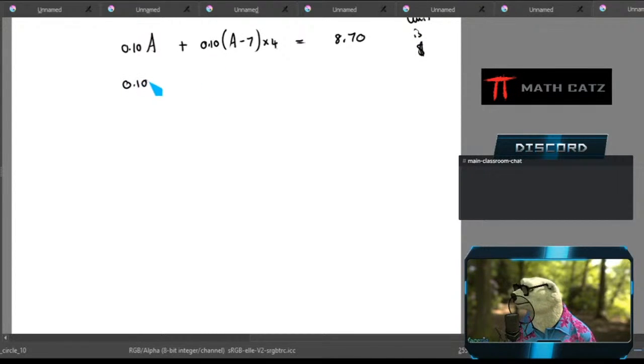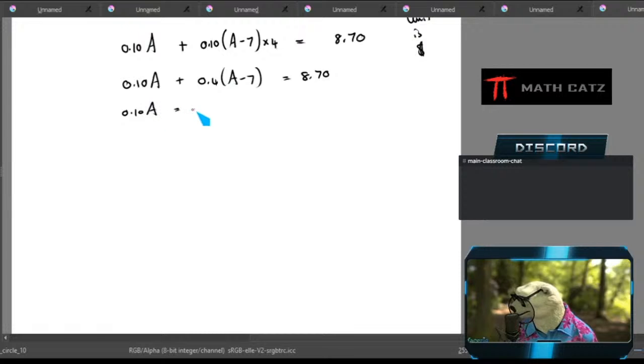So now I need to simplify this. I'll multiply the 4 first here, maybe just to not skip a step. And that's $8.70. Then I want to multiply the 0.4 in here, plus obviously 0.4a minus 0.4 times 7, which is going to be 2.8.